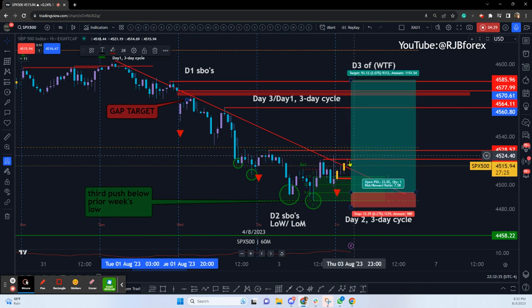Looks like we're trying to move up in Asia, up into the highs, finding some resistance so far. Pretty early days, but a correction into London. We'll see how that pans out.